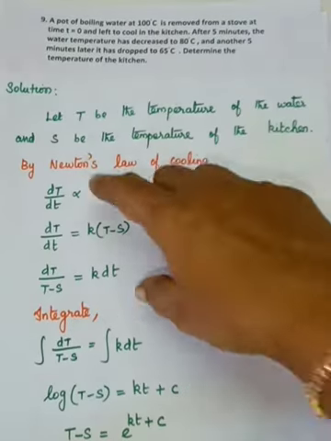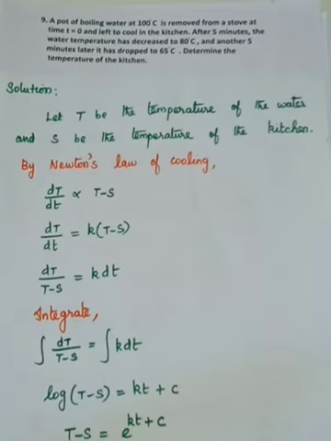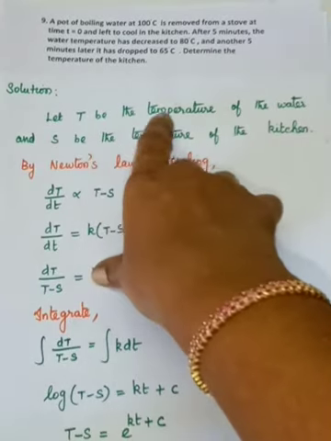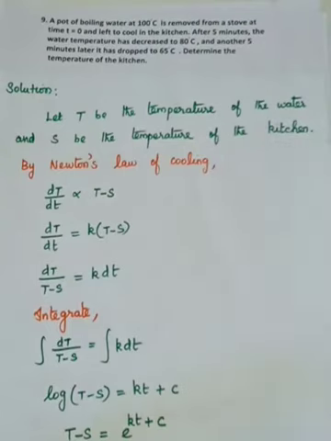Okay, so first we have to denote the temperature of the body and the surrounding medium. So here T be the temperature of the water and S be the temperature of the kitchen. Here the surrounding medium is the kitchen.